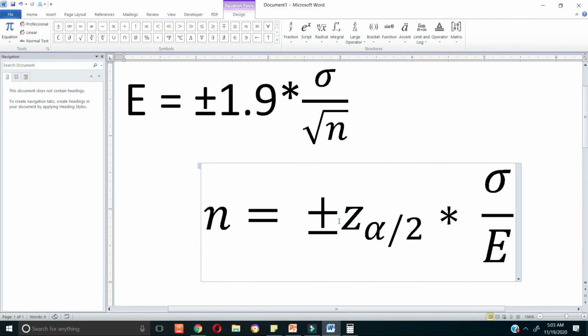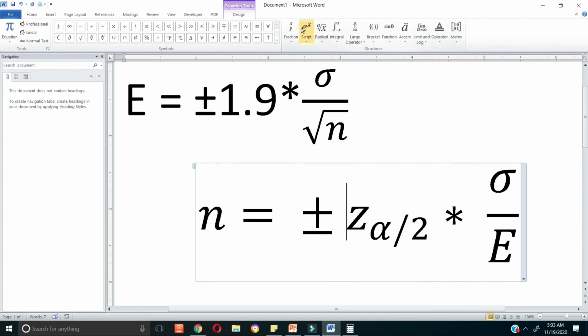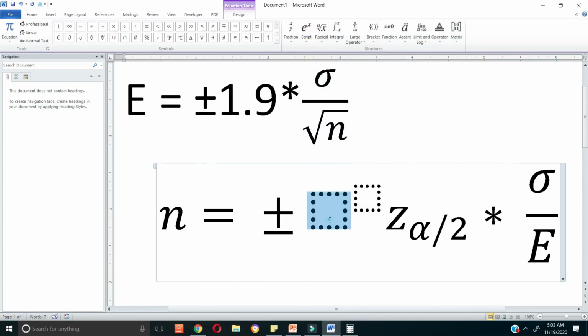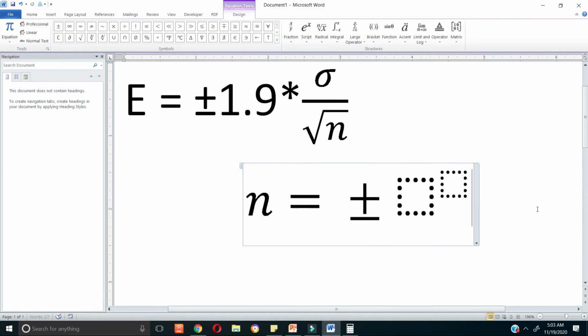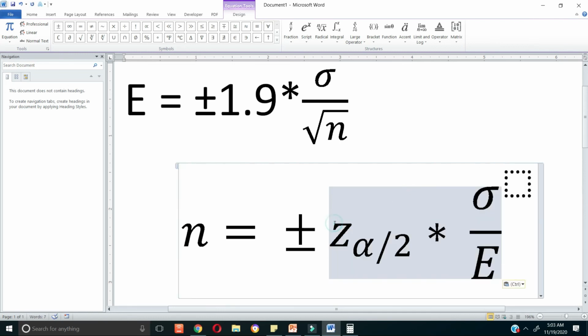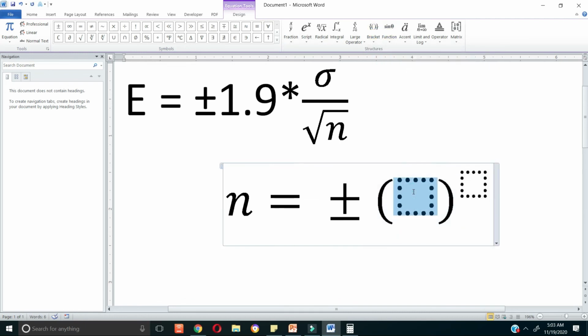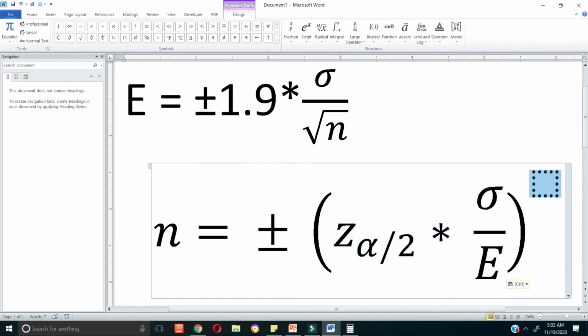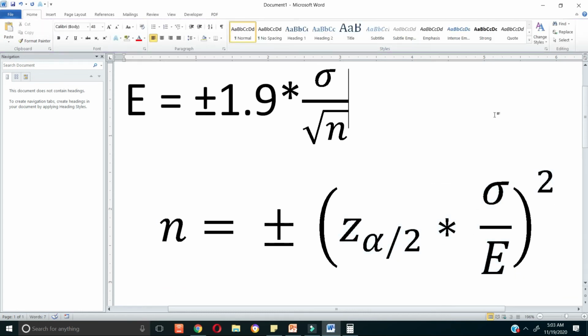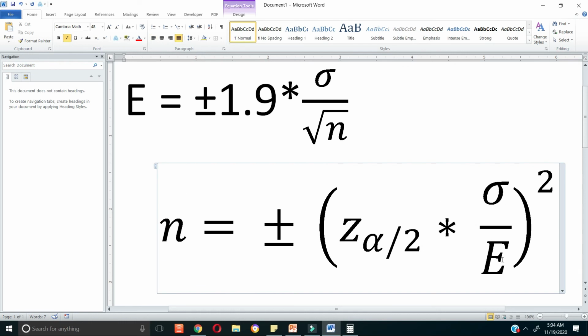It's going to be equal to the square of everything, so I have everything squared. So this is basically going to be the expression that gives you the size of the sample that you need in order to obtain a particular E. Yeah. So this concludes basically how you do it.